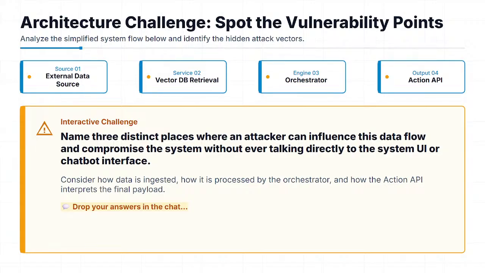Now, moving on to the third one, the orchestrator. The orchestrator is where the message coming from the external data source is paired with an instruction for the LLM. For instance, you have a prompt here.